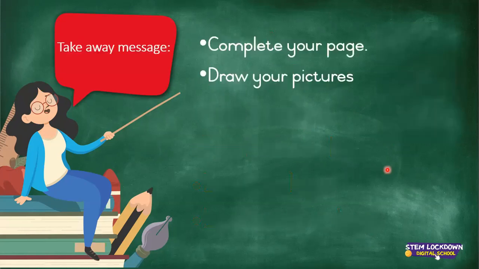You are going to complete your page and draw pictures starting with L. I want to see at least 6 pictures on your page and write the L next to each one. Then you write another sentence on your page.